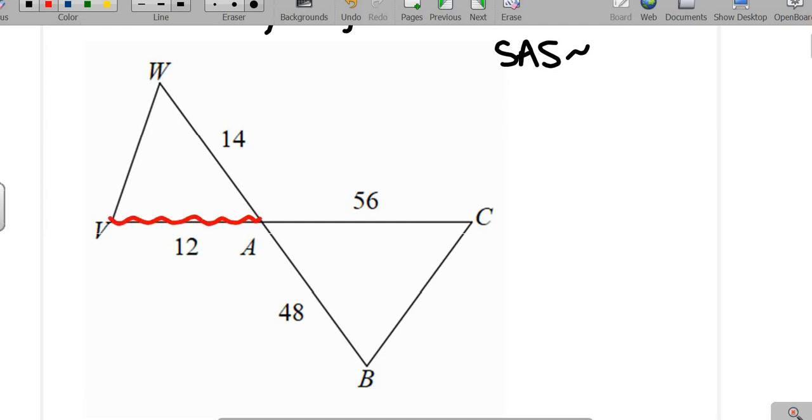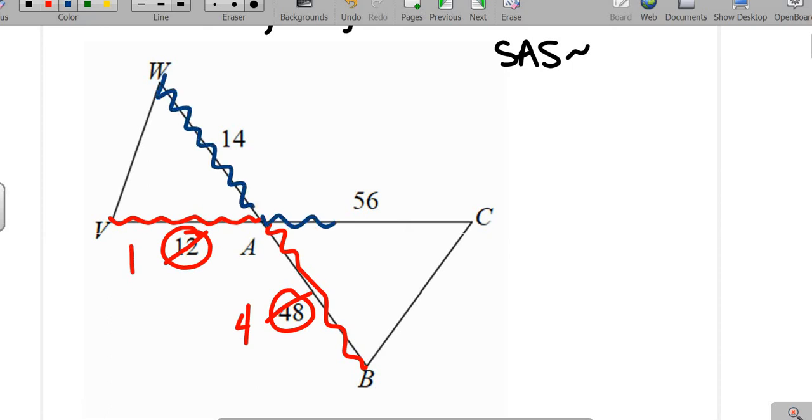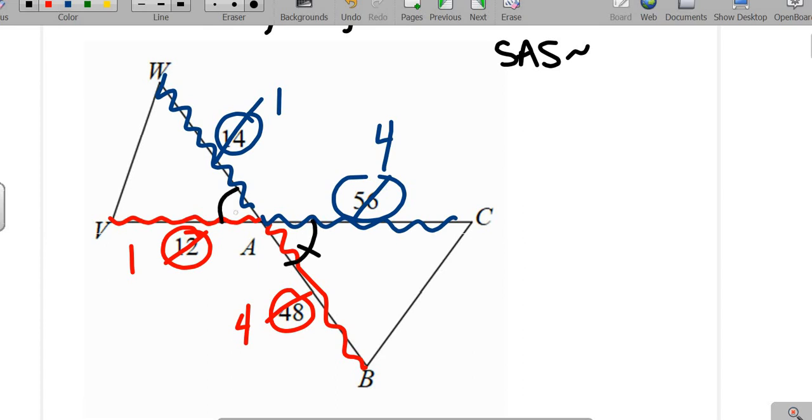Short side to short side. 12 goes into 48 4 times. Longer side, longer side. 14 goes into 56 4 times. Then we have a pair of congruent angles. So here I have a pair of congruent angles, side ratios, and side ratios that are equal. That is called side-angle-side similarity.